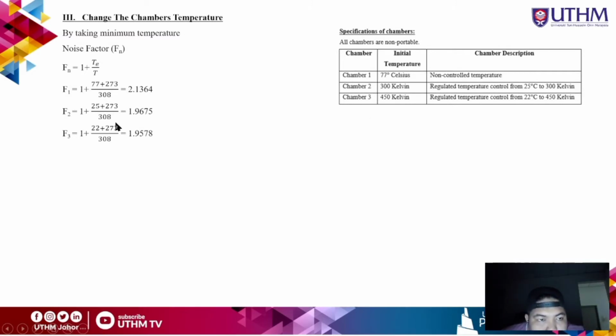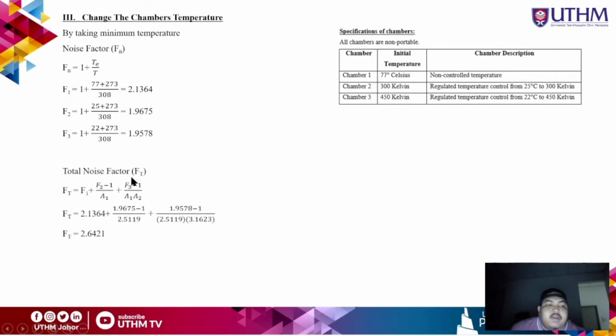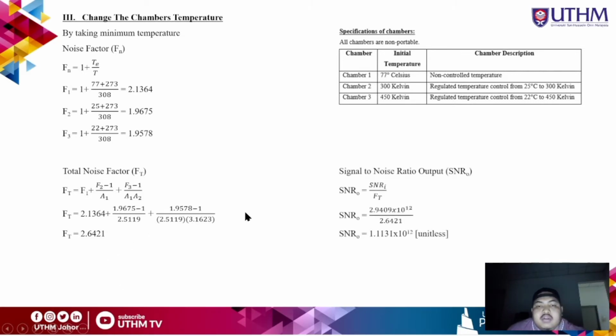We put it in the formula, and we get the noise factor for chamber 2 is 1.9675 and chamber 3 is 1.9578. Next we find the total noise factor equal to 2.6421, and then the SNR output is equal to 1.1131 multiplied by 10 to the power of 12, unitless.